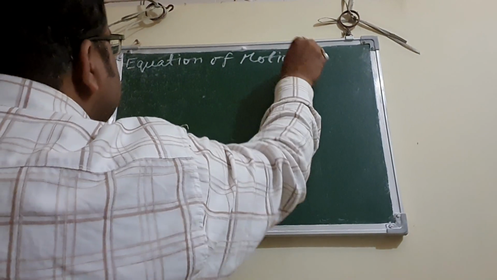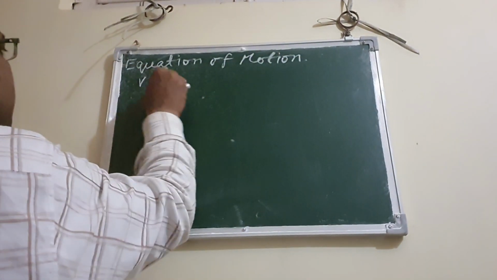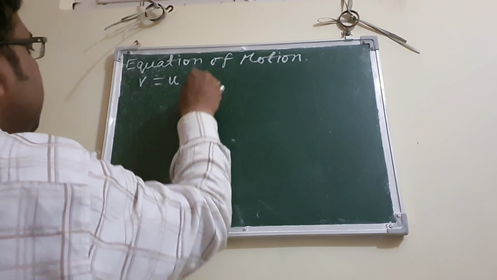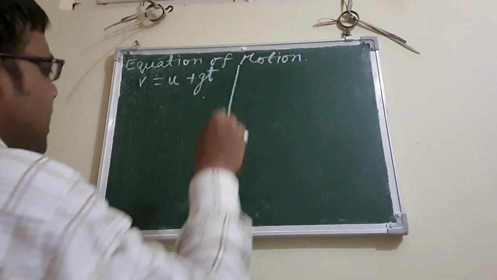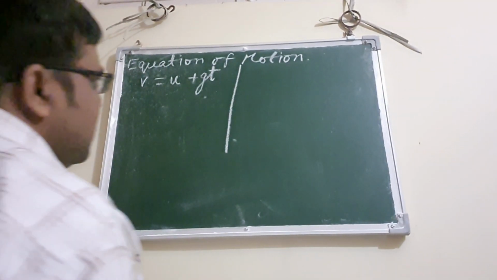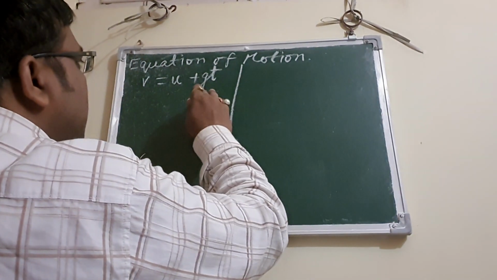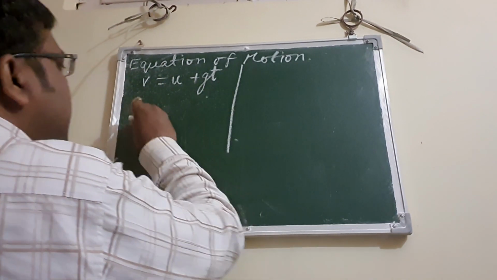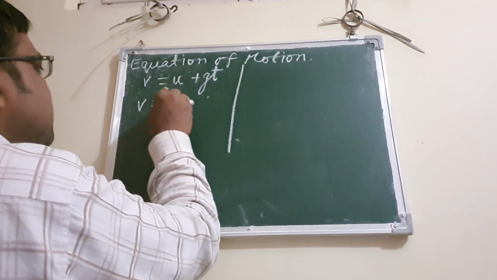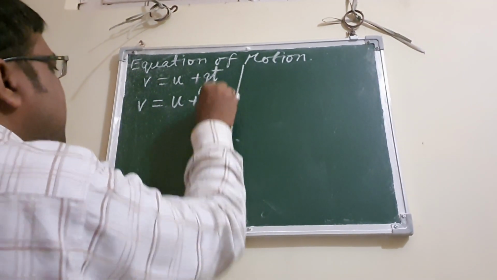The first equation is v equal to u plus gt, where the original equation is v is equal to u plus at.